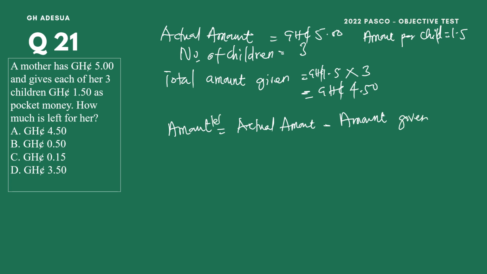So this is going to be the 5 cedis minus the GH cedis of 4.5. So lastly we would have GH cedis of 0.5. Looking through the options, we realize that it's option B.